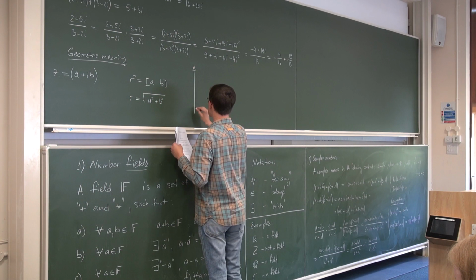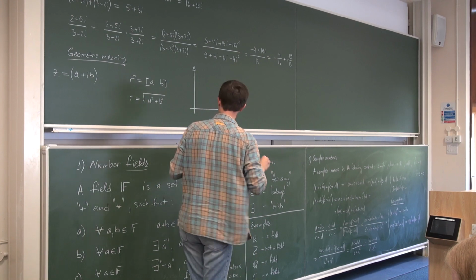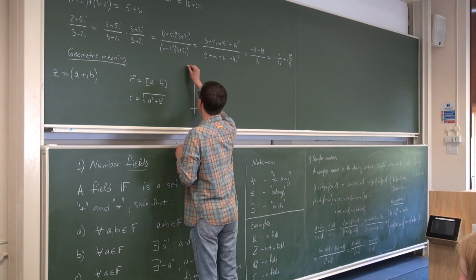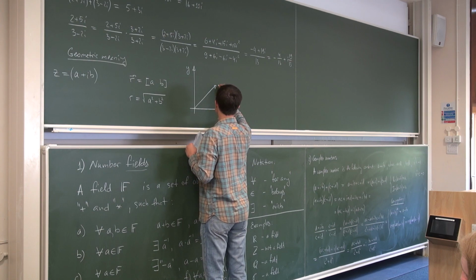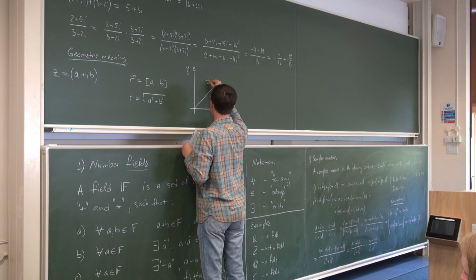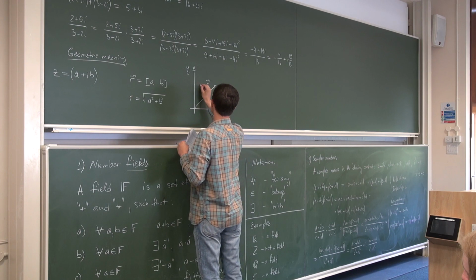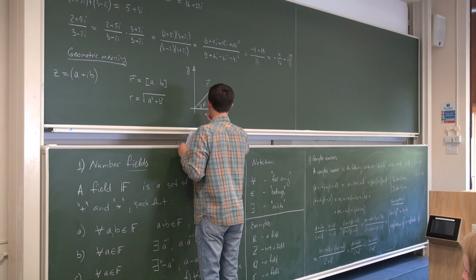The usual convention in mathematics, and this is something that you will encounter time and again: if you remember, x and y, we have a vector R. It has the x component, the y component, and it has this angle phi.